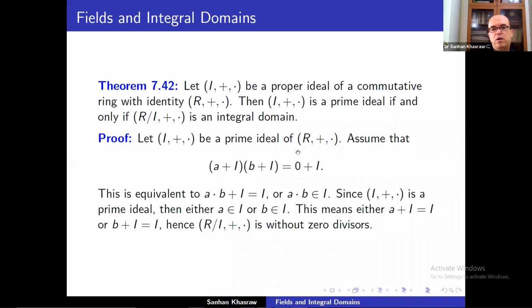So let's pick any two elements in R over I, A plus I times B plus I, equal to 0. I have to show that one of them is the 0 element in the quotient ring. From this equation, one can multiply these two cosets to get A times B plus I, and 0 plus I is I, so A times B plus I is equal to I.